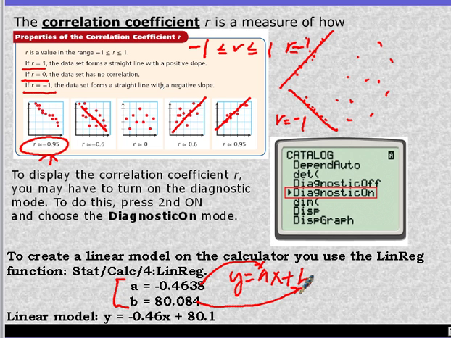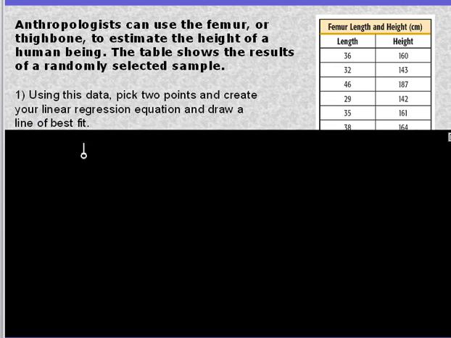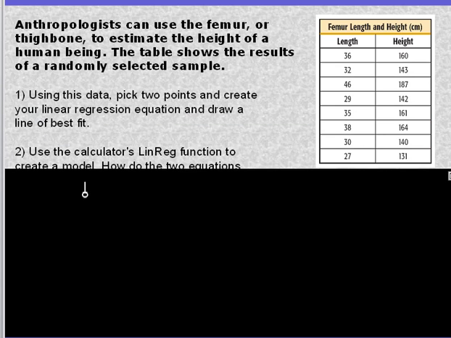So, having said all that, here's the data that you put in. Anthropologists use the femur or thigh bone to estimate the height of a human being. This is the table that you put in. So I want you to do a manual linear regression. So actually, I should say, do your scatter plot.